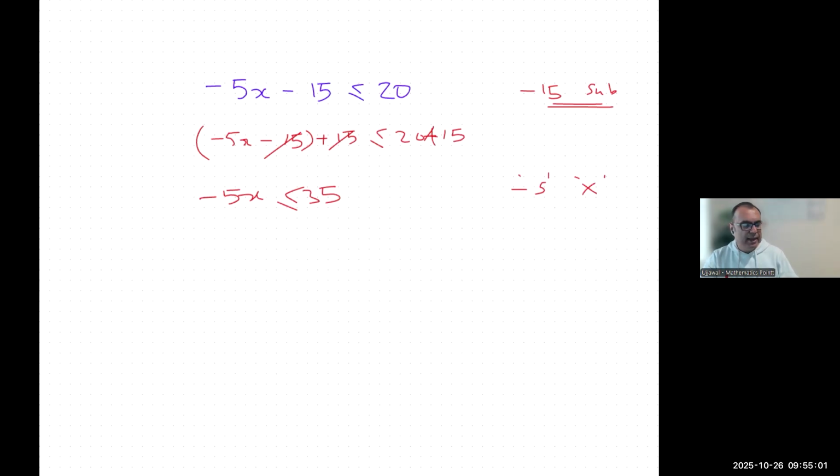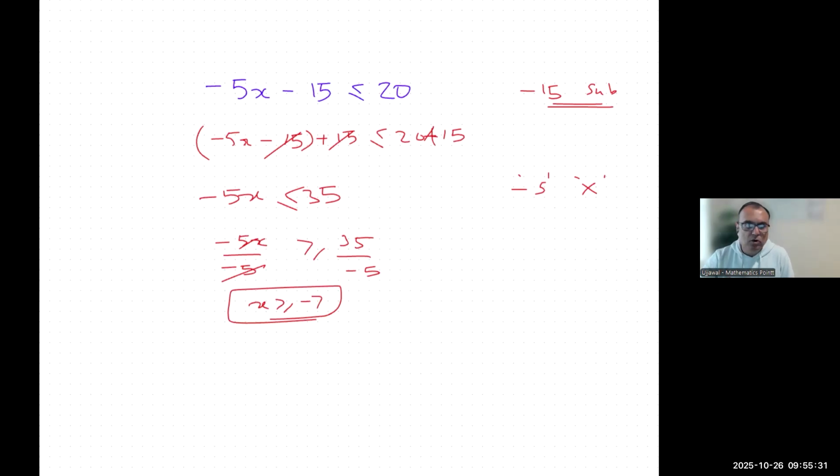A negative number and multiplication. So, negative 5x divided by negative 5, change the sign. 35 over 5, gone. x is greater than or equal to -7. All good? Making sense? Yes or no?